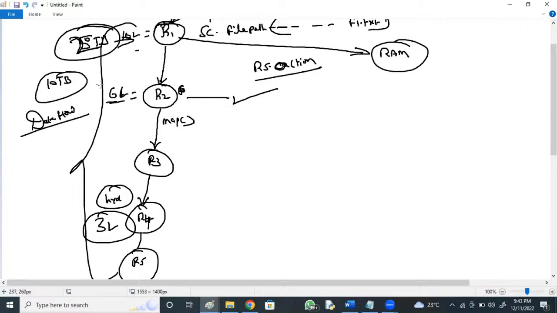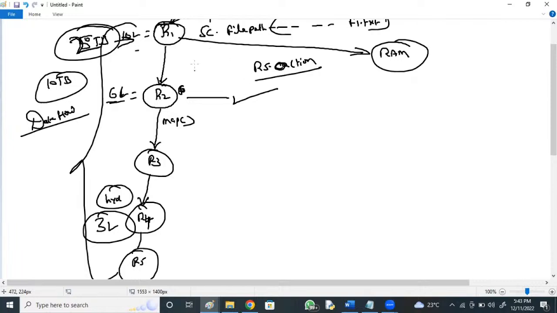Here RDD is a resilient distributed dataset. All these RDDs won't be loaded into RAM at a time. If they were, they could not be accommodated; you cannot provide that much space.